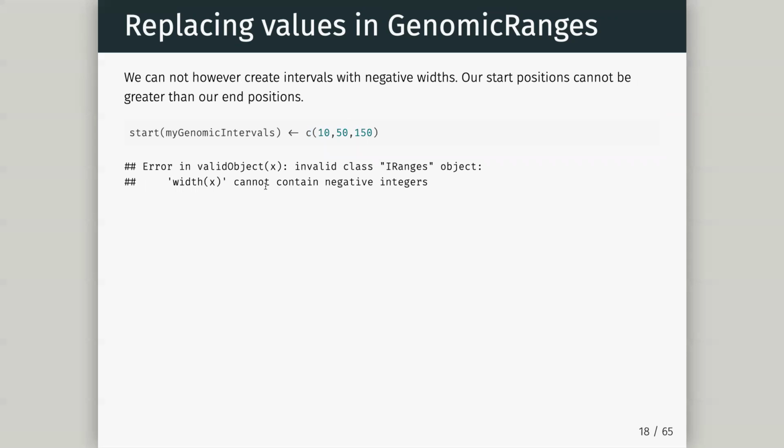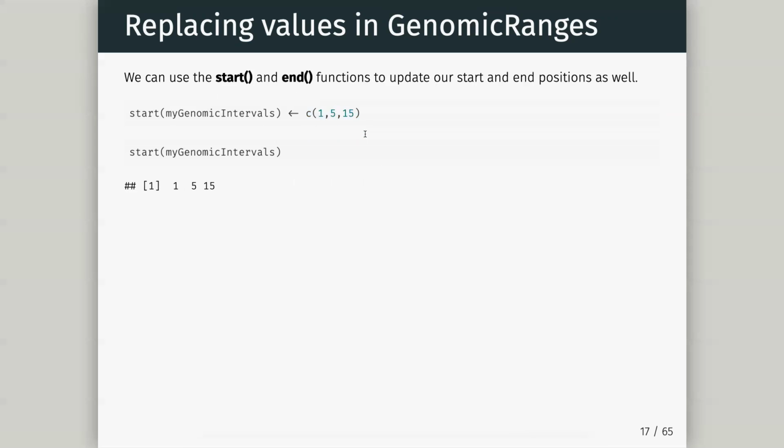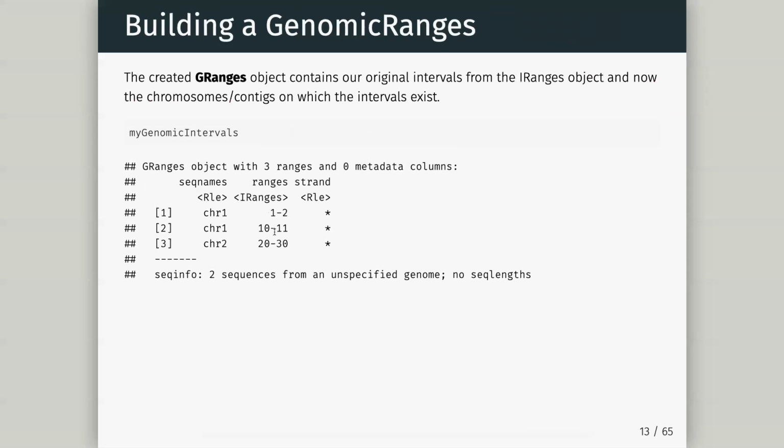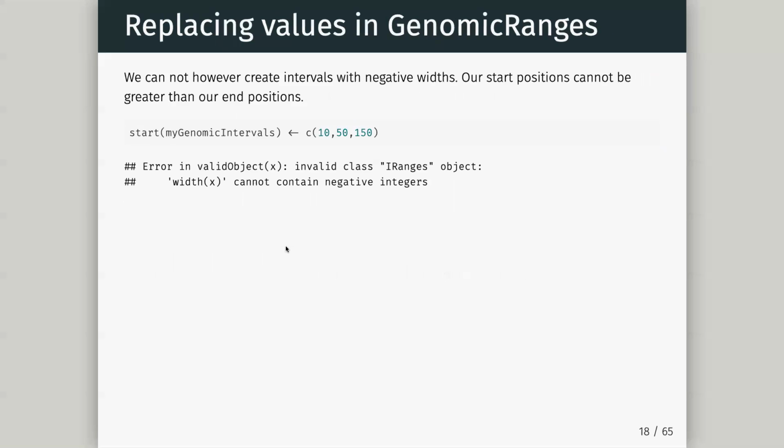Part of the reason that we can't directly access the elements within a GRanges is because it wants to do some checks for us. Right, so if we do start now and I set them to be 10, 50, and 150, we just go back to our GRanges here, we can see that the end positions are 2, 11, 30.